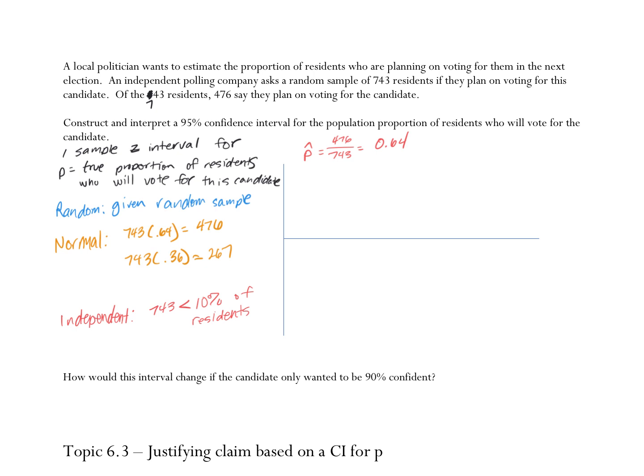We just gave ourselves permission. Let's work it through. So, we said, what was my best estimate? P hat, my 0.64. We know it's not right, so we give ourselves the wiggle room, the plus or minus.